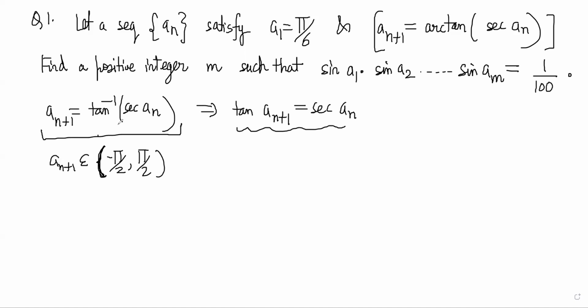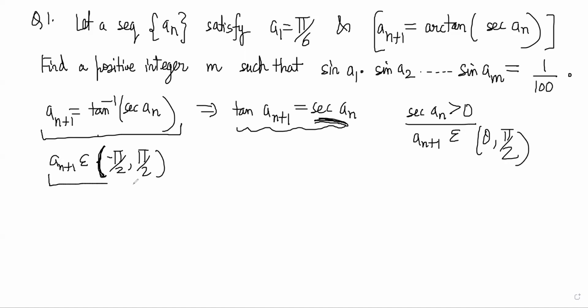Tan inverse function is only defined in that range. And from here, we can say that sec of an is actually greater than or equal to 0. So therefore, an plus 1 must lie between 0 and pi by 2. It could possibly have been this much, but we know that sec will become positive here because the starting point of the series is a positive term. So a2 will also become positive. So an plus 1 will actually lie between 0 and pi by 2, right?